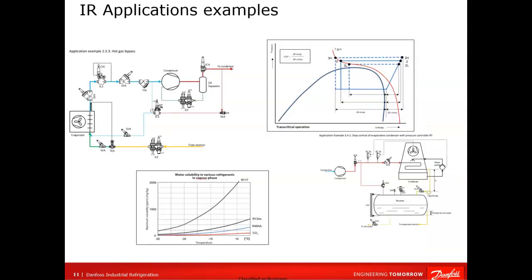The Application Handbook offers a lot of examples of applications, a lot of solutions for discussion as well. It gives a very good overview of relatively new systems such as transcritical CO2, COPs, and what is new in the market about ejectors.